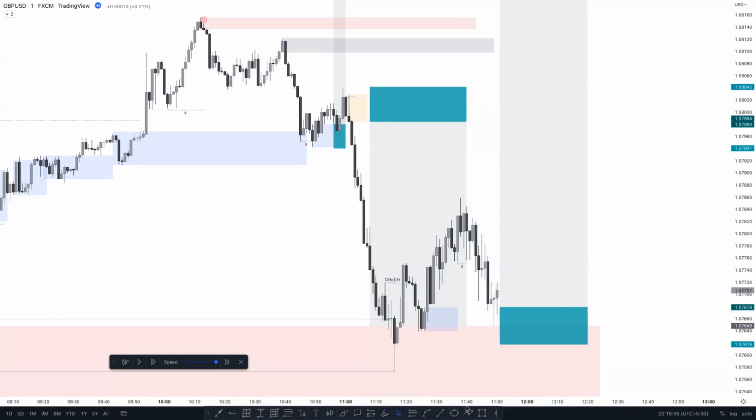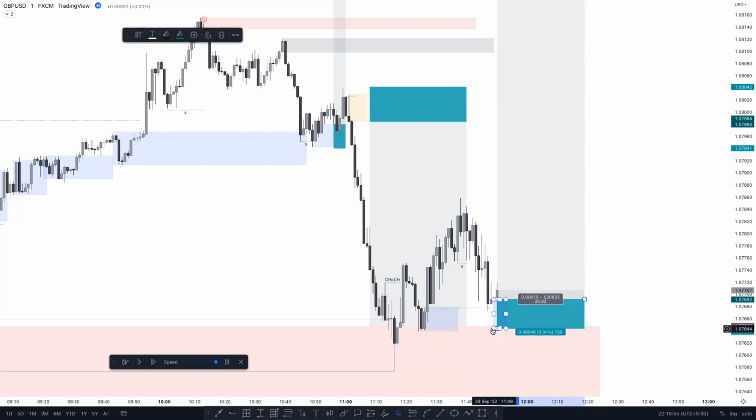You can see when the market taps on this extreme one, which is here, and then what happened? The market sweeps the previous candle low, and you can add a buy like here, right? So like this one also, and you can place the stop loss just like this also, right?